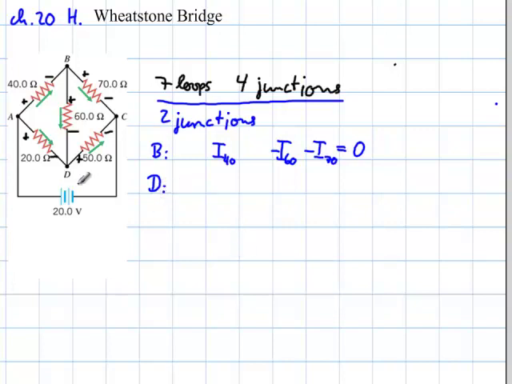Junction D, there is a current I-20 flowing in. There is a current I-60 flowing in according to my definition. And there's a current I-50 flowing out of it, so actually this would have to read equals I-50, but when I subtracted, I might as well put it right here.